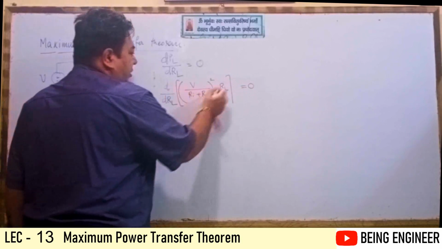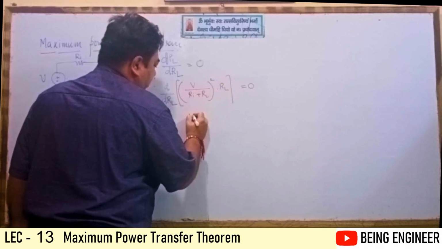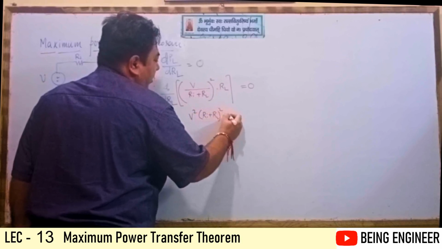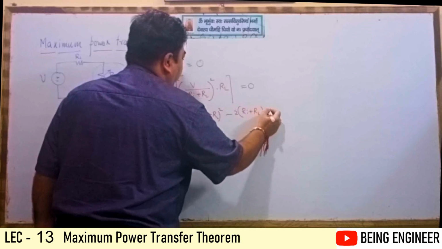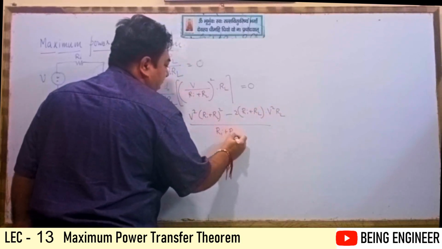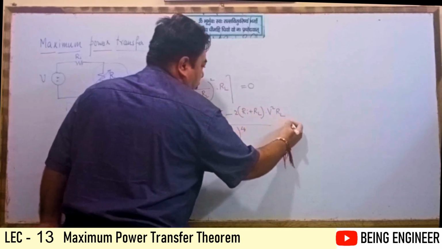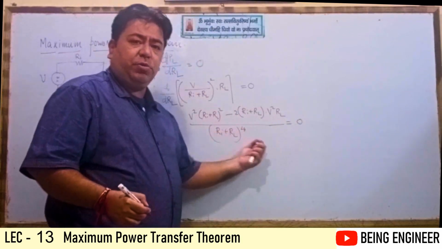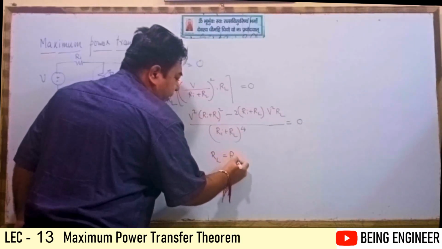If you solve this equation, you get numerator differentiated: V square into the denominator Ri plus RL whole square, minus the denominator differentiated: 2 into Ri plus RL into the numerator V square RL, divided by the denominator square, Ri plus RL whole square, so the power becomes 4, and this should be equated to 0. If you solve this algebraic equation, you will get the condition RL should be equal to Ri.